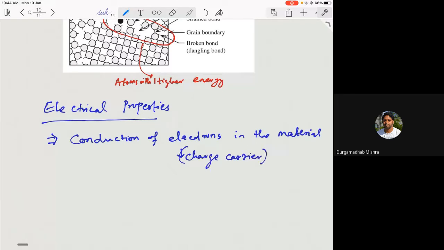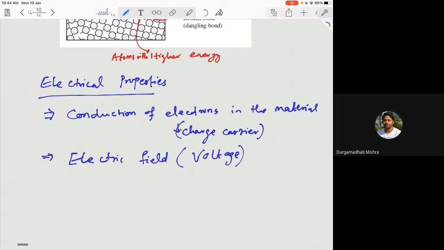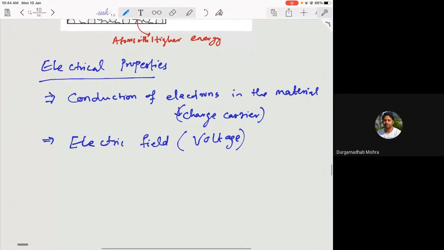Now, how do you move a charge carrier? For that, you need to apply an electric field, and you study how the charge carrier, or electron, let's say, will move in the presence of an electric field. That electric field you normally represent by a voltage.